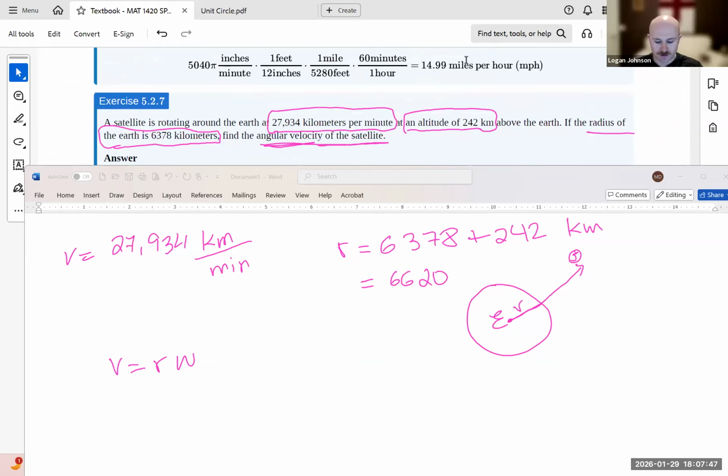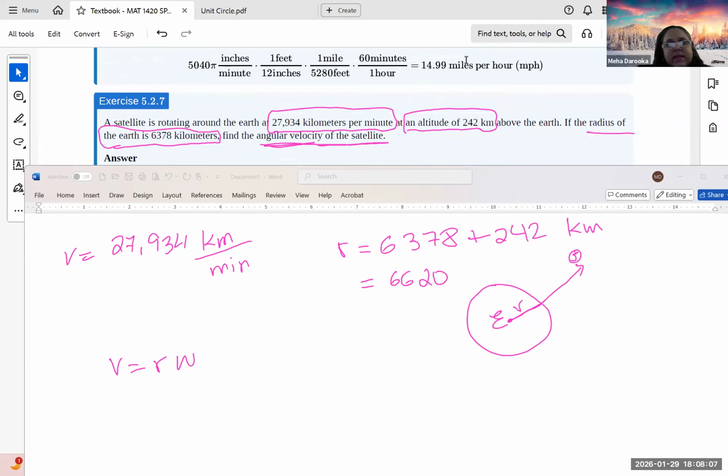I got 4.220 radians per minute. Alrighty. Say that again one more time if you don't mind. 4.220. I rounded up. Okay, that's why.